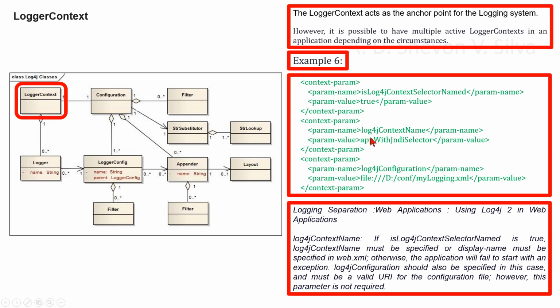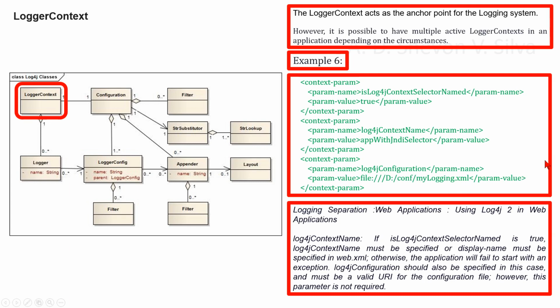If isLog4jContextSelectorNamed is true, log4jContextName must be specified or display-name must be specified in web.xml. Otherwise the application will fail to start with an exception. log4jConfiguration should also be specified in this case and must be a valid URL for the configuration file. However, this parameter is not required.